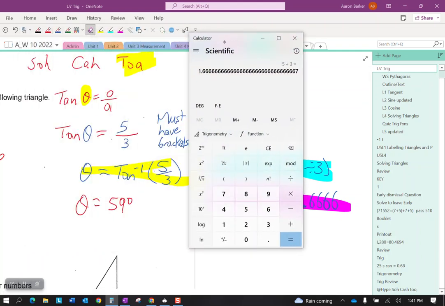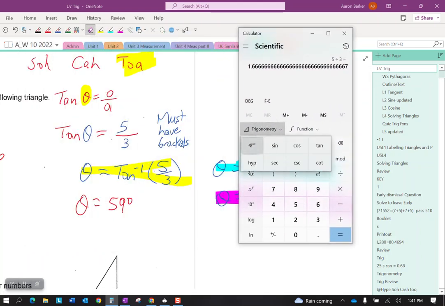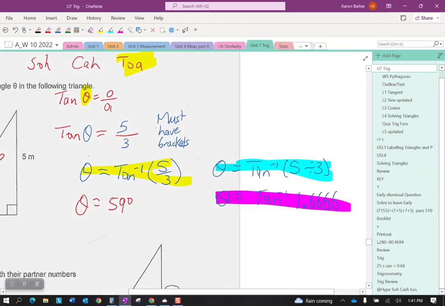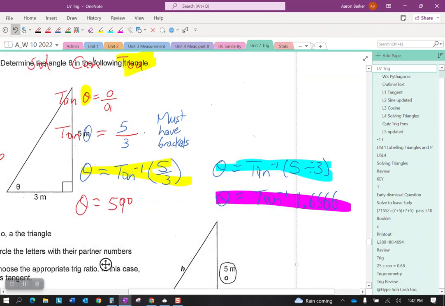Let me see if I got it right. Second function, tan. I got 59. Are you in degrees, radians, or gradients? Bring your calculator here. Okay, you got this. 59 degrees. Awesome. Let's do one more.